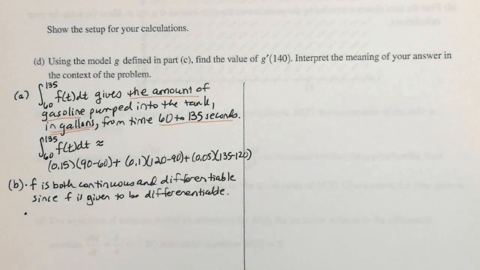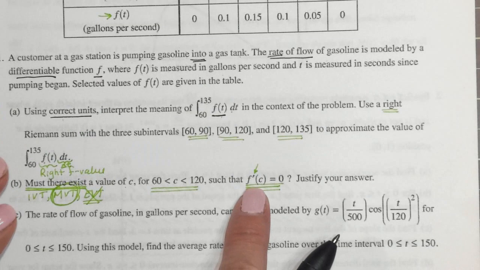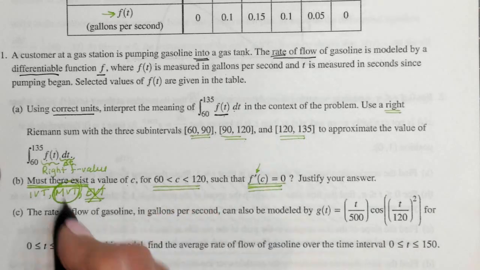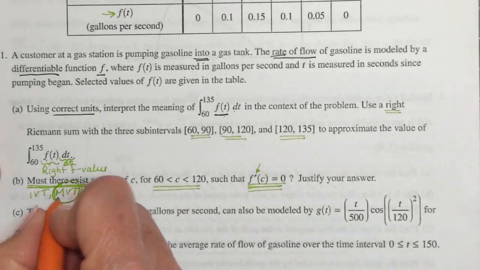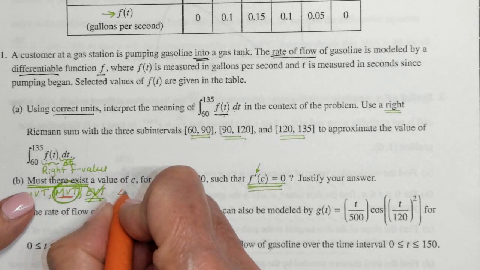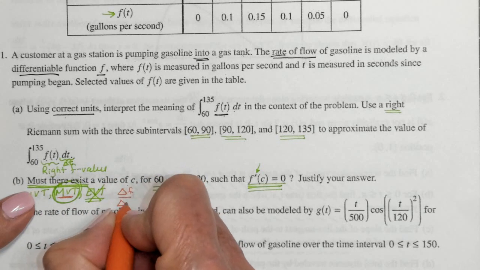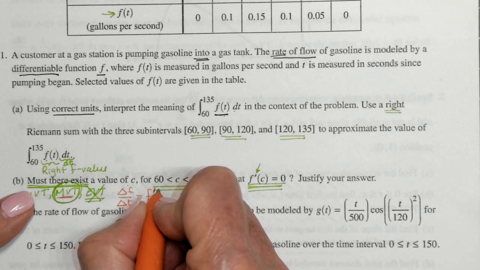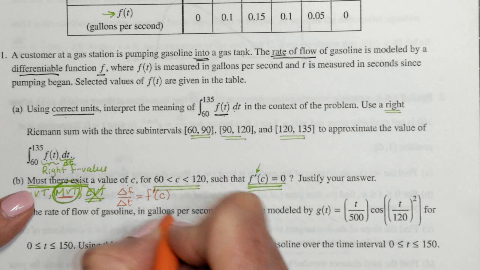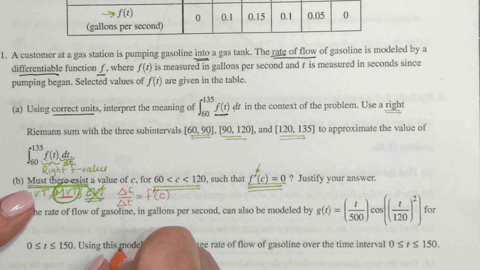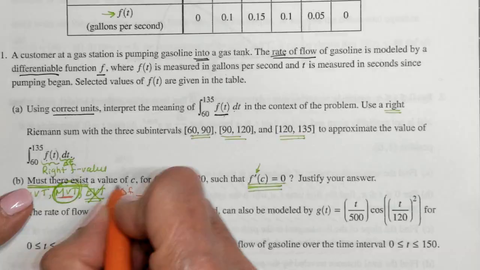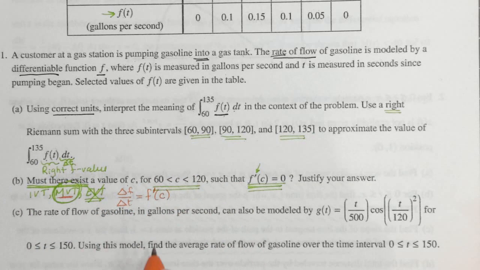Okay, now they're asking me about this f prime being 0, and they give me an interval. So remember, for MVT, that means that change in f over change in t is equal to f prime at some c value. They're asking why that c value must exist.